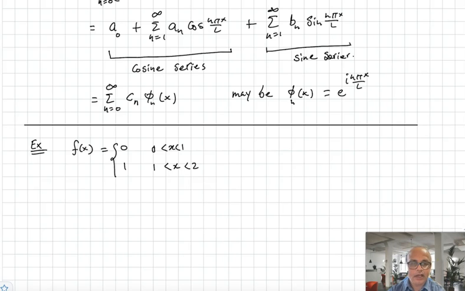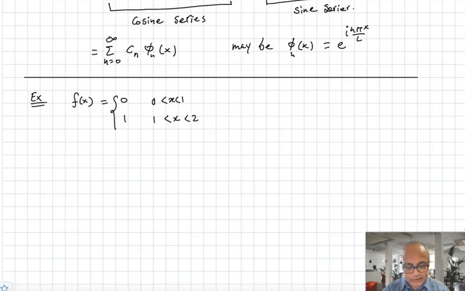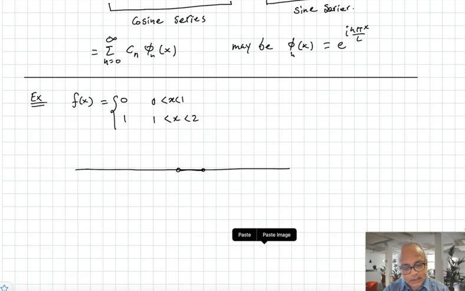Okay, so it is a very simple function, and we want to first sketch it. So if I sketch this function, for example, this is 0 up to 1, and then I just jump to 1 and go up to 2.